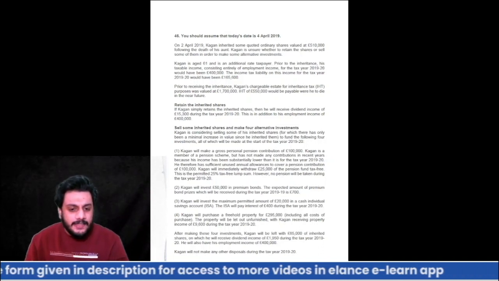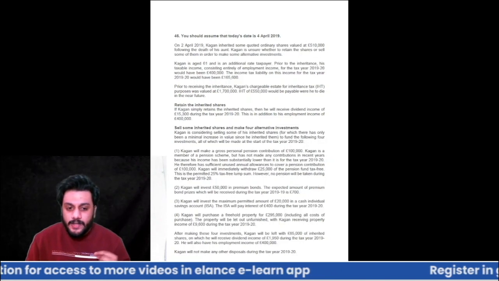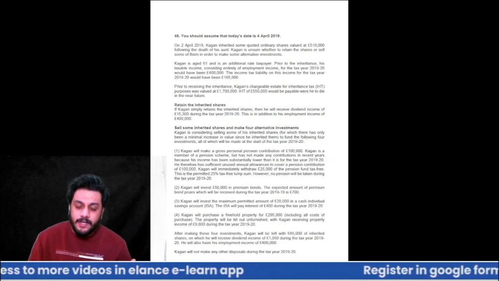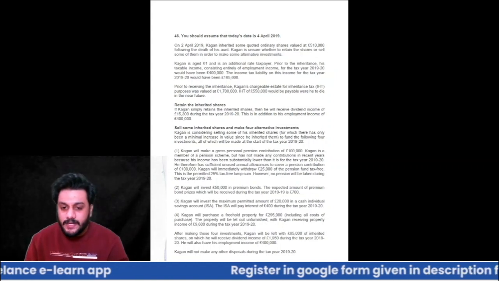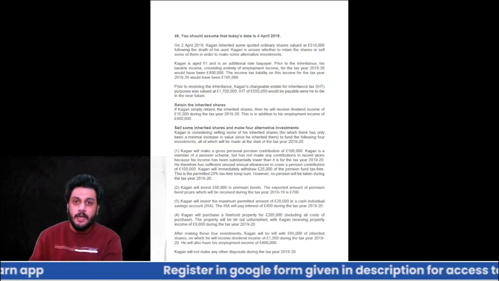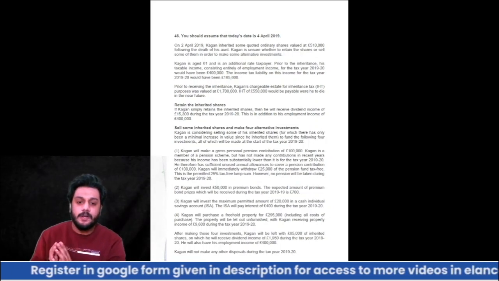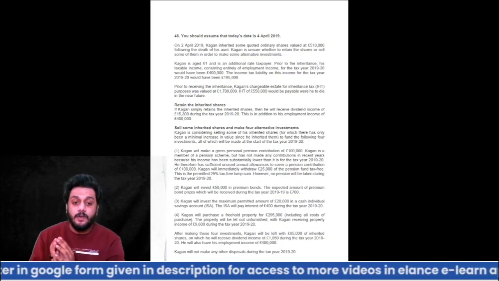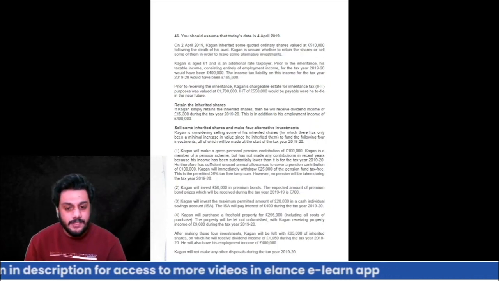And Kagan is aged 61 and is an additional rate taxpayer. Prior to the inheritance, his taxable income, consisting entirely of employment income for the tax year 2019-20, would have been 400,000. The only source of income he had was employment income, that was 400,000, and the income tax liability on this income for the tax year 2019-20 would have been 165,600.